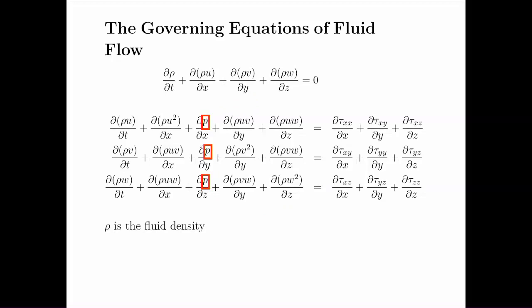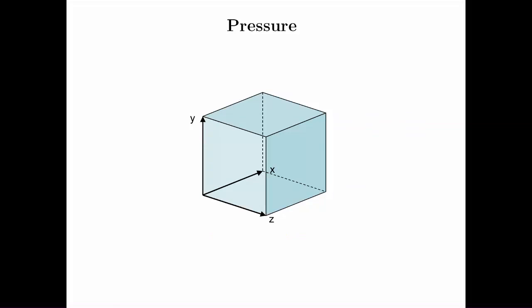And here we have P. I hope you all can differentiate between rho and P. It looks very similar, but they're not. P is pressure. If I consider a fluid element again, and look at the YZ plane, and I consider some pressure acting on that YZ plane, there's going to be some other pressure acting on the same surface some x location downstream.